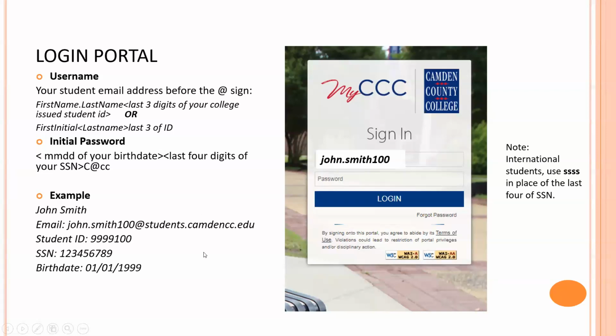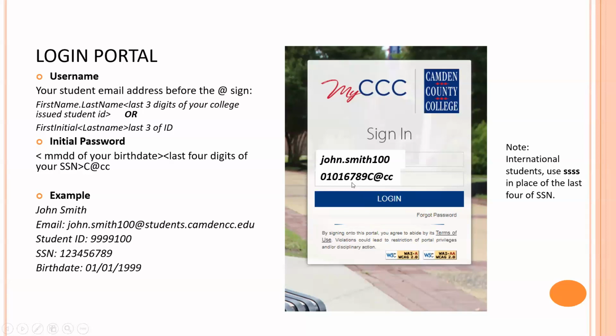And then your initial password that you're going to use when you're first getting logged into the portal, it's going to be your 2-digit month of birth and 2-digit day of birth. So for John Smith, whose birthday is January 1st, his first 4 of his password are 0101, followed by the last 4 digits of your social security number.